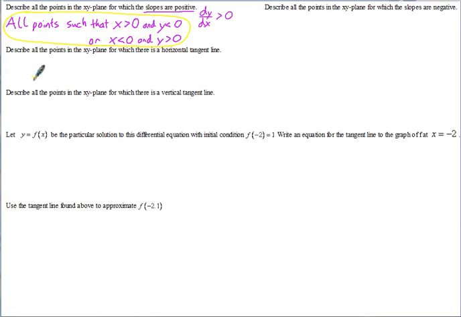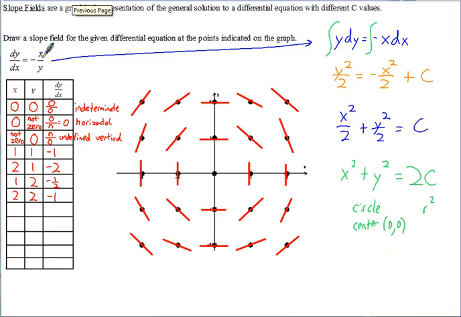Next part says, describe all the points in the xy plane for which the slopes are negative. If the slopes are negative, that would mean the derivative, which gives you the slope, would have to be less than 0. So in order to make it less than 0, we look back at our equation here. There are two possibilities.